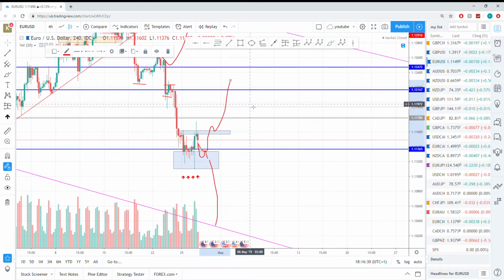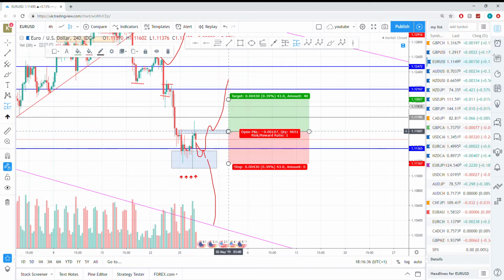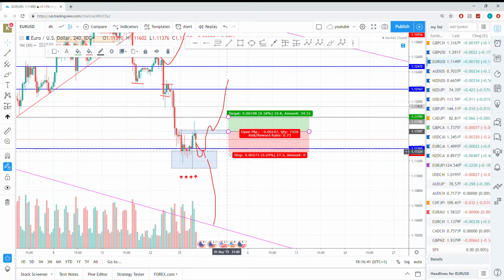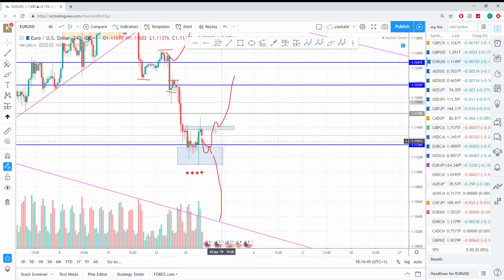This would be my little analysis for this week for Euro USD. Nothing too fancy with this pair. We are still indecisive, but as of now we're more likely to look for downwards momentum just because we are making lower lows and lower highs.